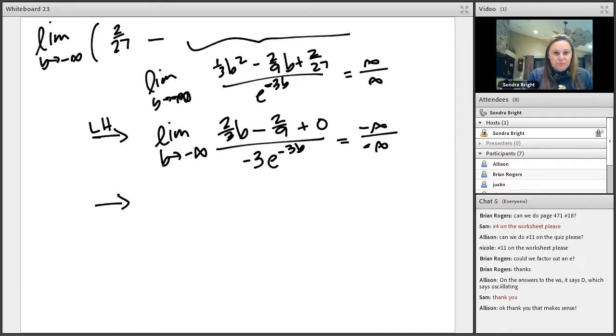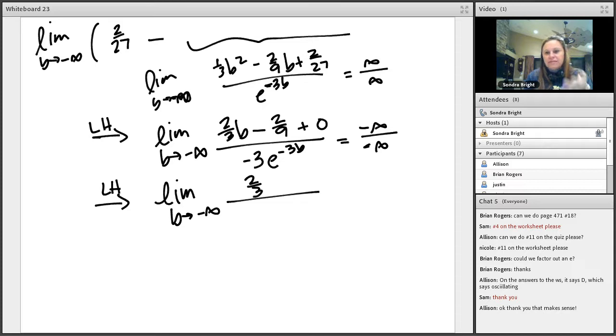So we're going to do L'Hopital's again, which will give you a 2/3. Yay. As soon as you get a constant on either the top or the bottom, you're like, thank the Lord, I don't have to do this again. And then derivative of the bottom would be an e to the negative 3b, but you would need to multiply by a negative 3, so it ends up being a positive 9.